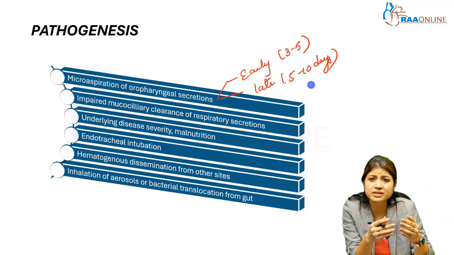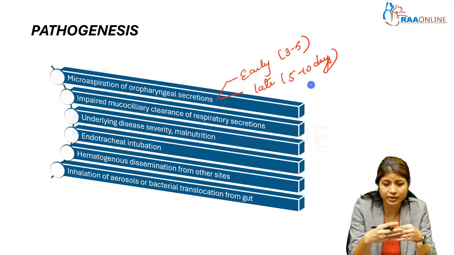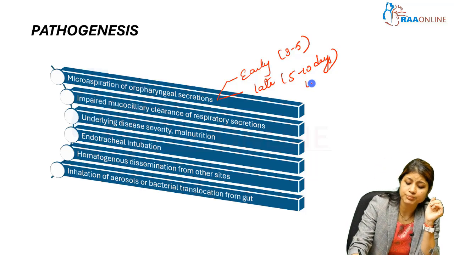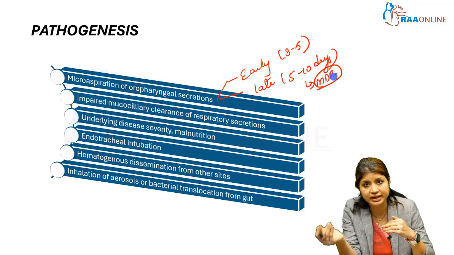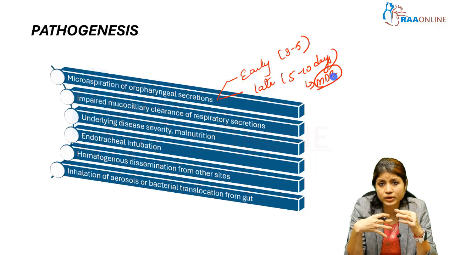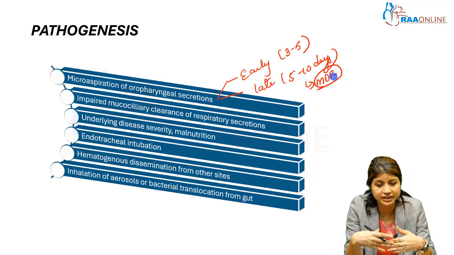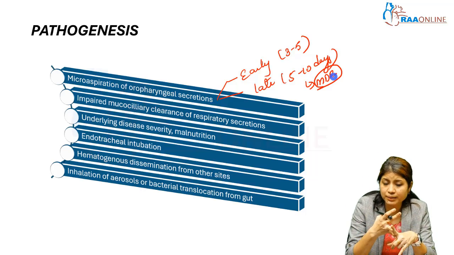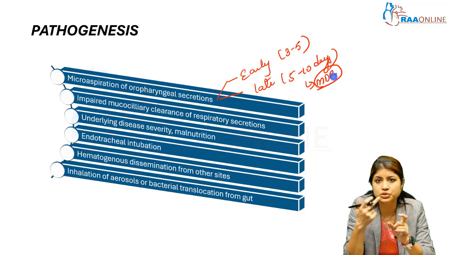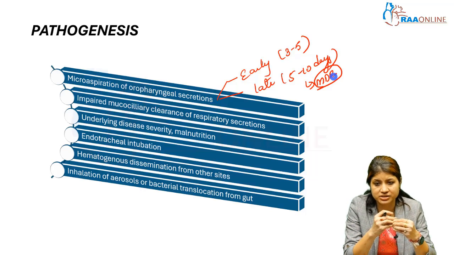Why they made this differentiation of early VAP and late VAP was they believed that the MDR organisms, the gram-negative or very fulminant organisms, occurred only in the late VAP phase, wherein you get secretions from your GI tract because of translocation of the bacteria. In early VAP, you had only microaspiration of oropharyngeal secretions.